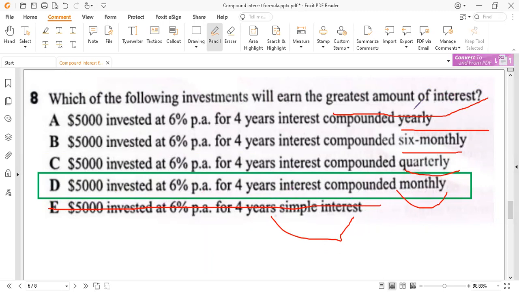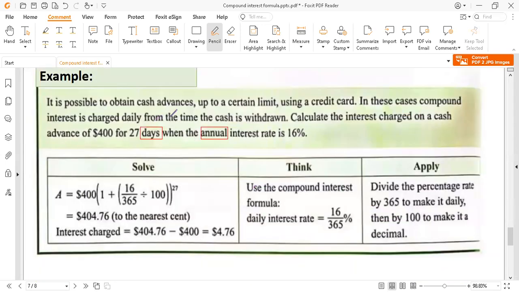They are asking about the greatest, and as I said before, the greatest is when the interest is compounded over the shorter period. Among yearly, 6 monthly, quarterly and monthly, the shortest is monthly. So D is the correct answer.